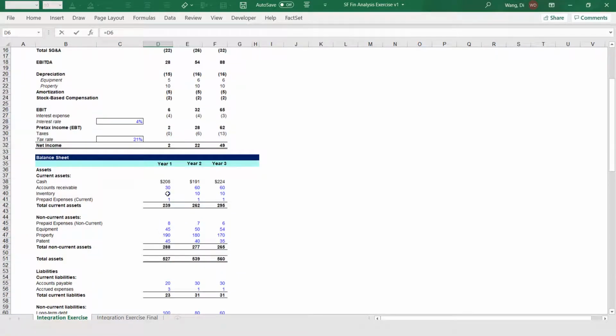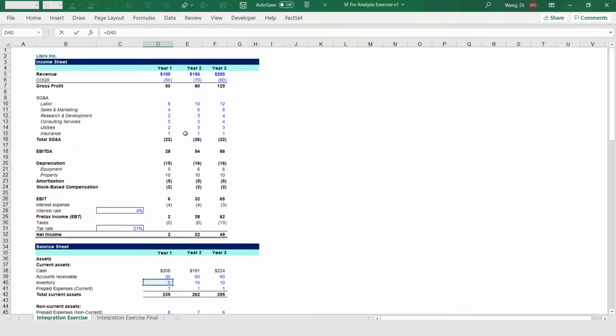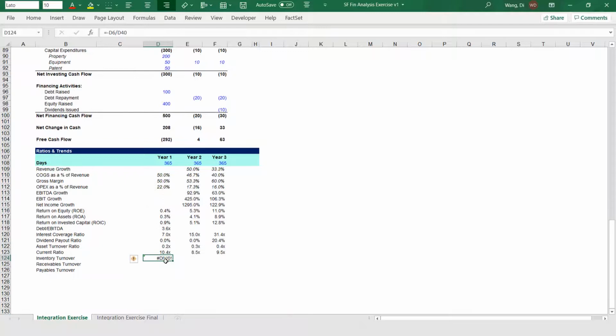In this case, it is actually 0 since we don't have any inventory in year 1. So COGS divided by 0. And remember, we have to put in a negative sign to cancel out the negative COGS. And you can see that we're actually going to get an error.